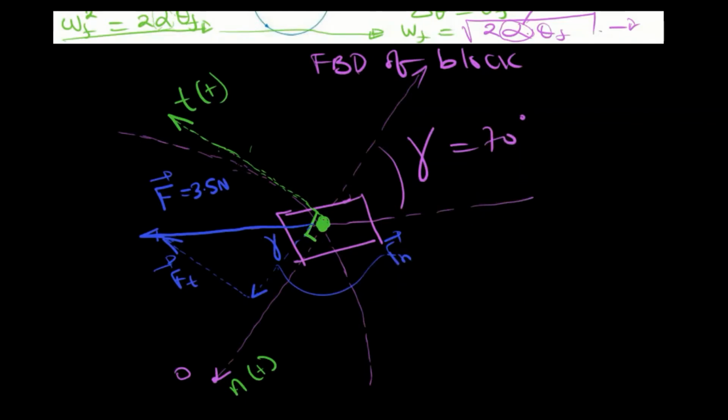The rod is attached to the block, so the rod exerts a tension force. Let's call it T, tension force. And finally, we have a friction force that opposes motion.